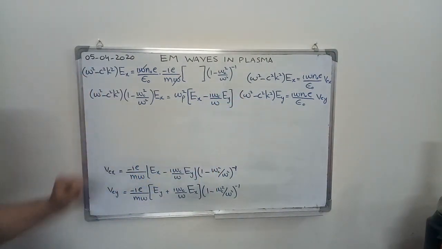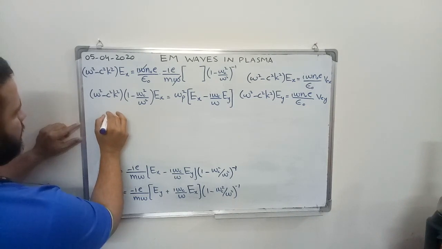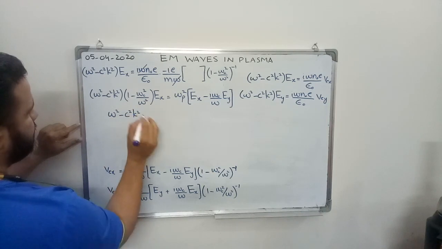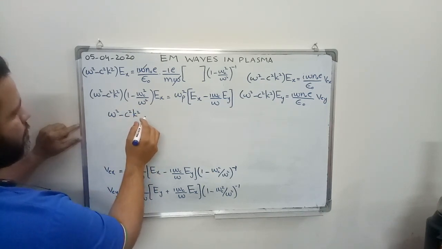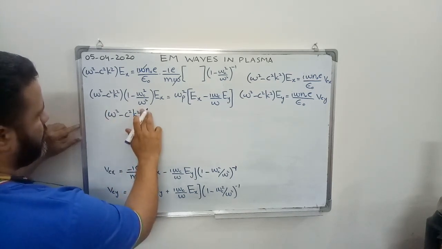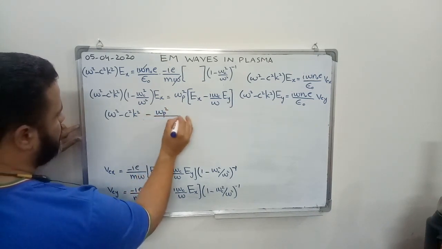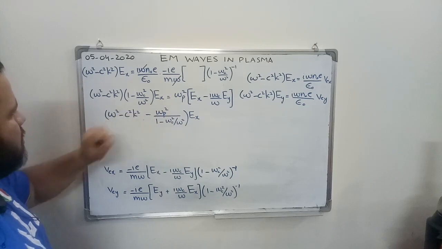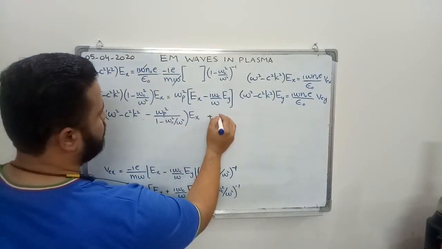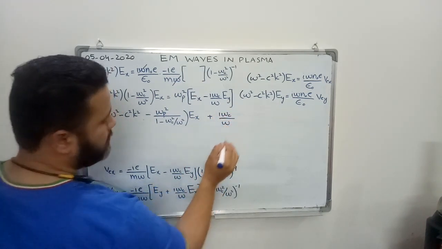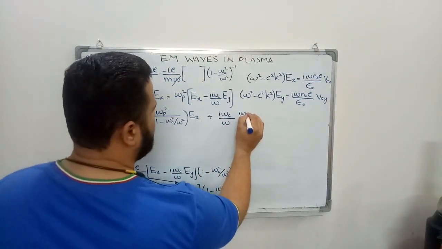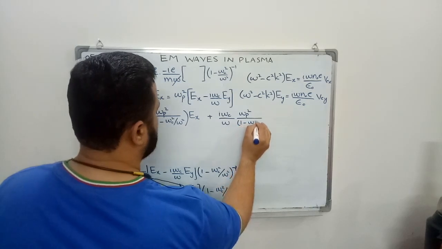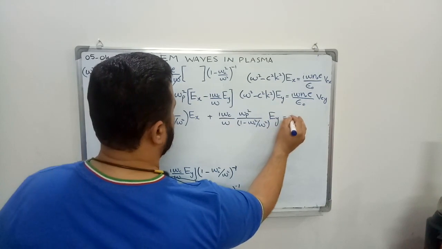Now by rearranging these terms, we get omega square minus c square k square minus omega p square by 1 minus omega c square by omega square, times Ex, and plus iota omega c by omega, times omega p square by 1 minus omega c square by omega square, times Ey equals 0.